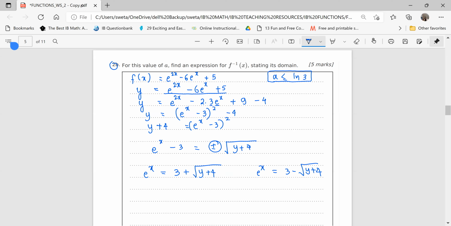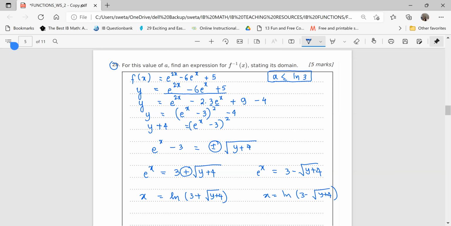Okay, so if we take plus, what will happen? Let's take ln on both sides first. So x is equal to ln(3 plus the square root of y plus 4), and x is equal to ln(3 minus the square root of y plus 4).